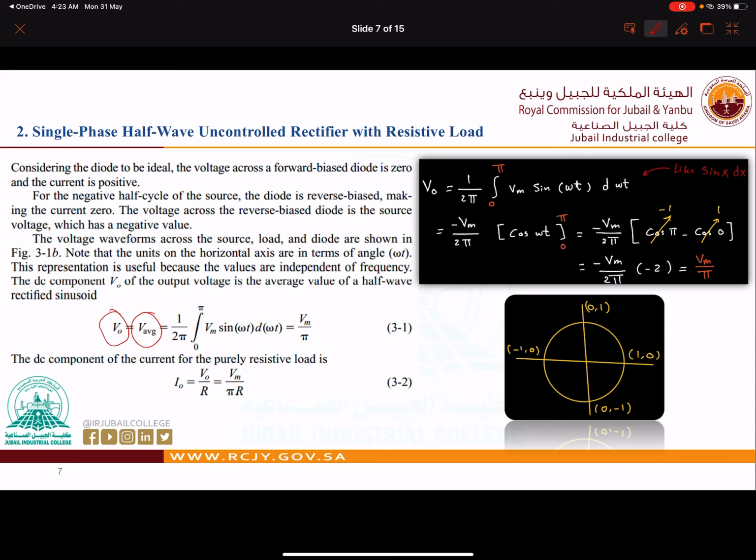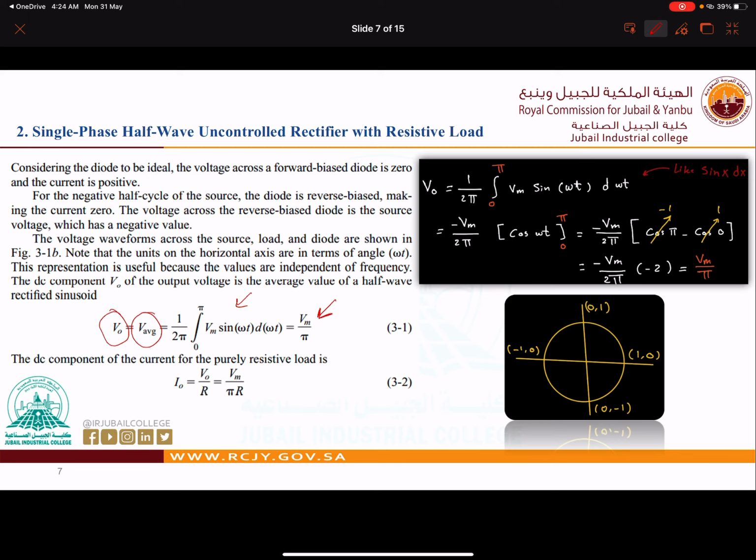Now the equation for V out is this one: 1 divided by 2 pi, integration from 0 to pi, because it's half wave, V maximum sine omega t d omega t, and it is equal to V max over pi. So the final answer is V max over pi. So V out is equal to what? V max over pi.